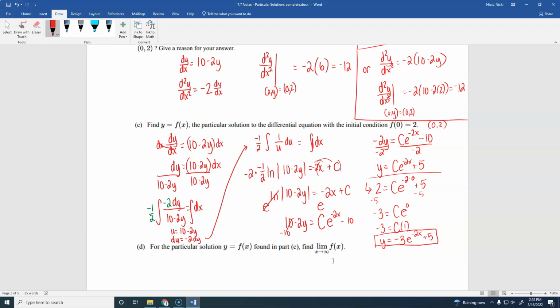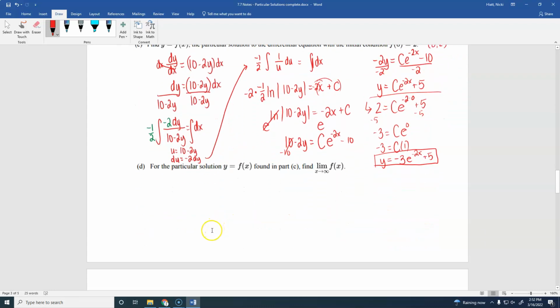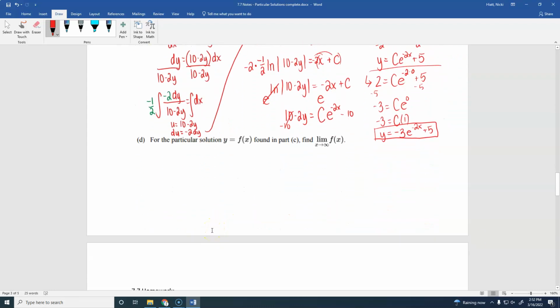Okay, questions on c? All right. Part D is asking you to do the limit as x approaches infinity of the equation we just had: negative 3 e to the negative 2x plus 5. We can only use L'Hospital's if we get 0 over 0 or infinity over infinity, which is not happening here.